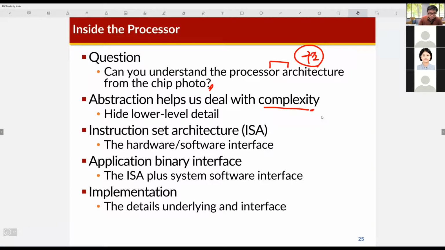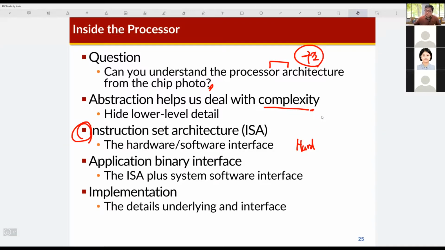Also in the computer architecture field, we just reveal the instruction set architecture to the software world. So detailed hardware organization or hardware implementation is hidden to the software engineers.